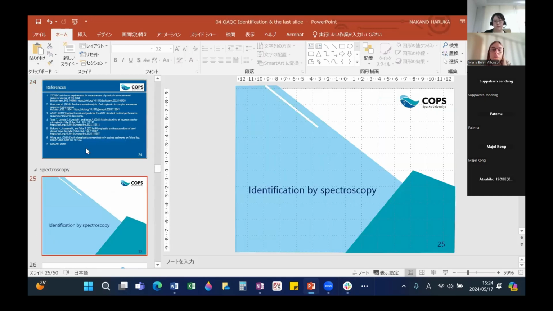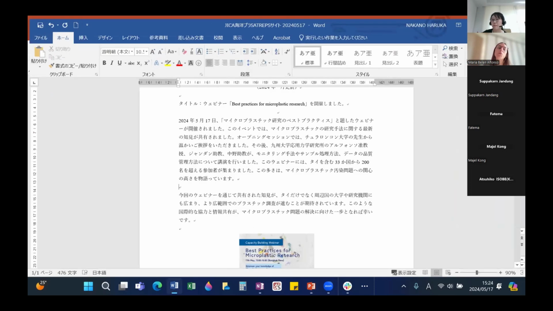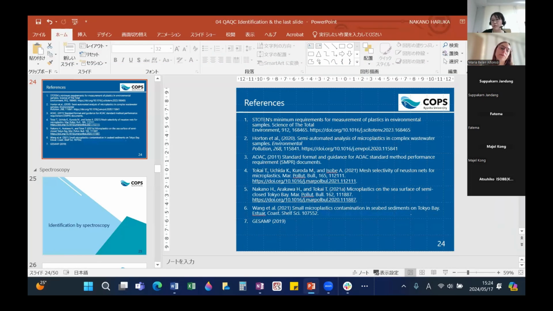So another question that we also received from the registration questionnaire is, what are your quality controls on a field survey? I think this is from the beginning. All right.